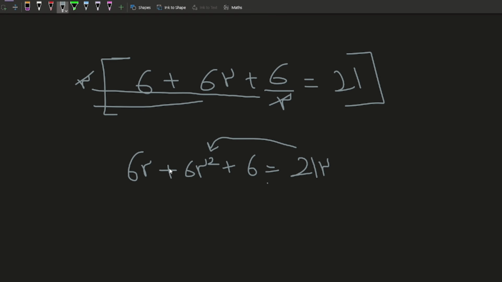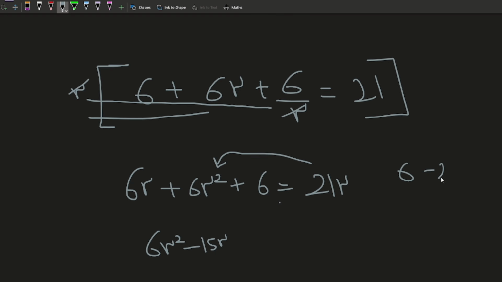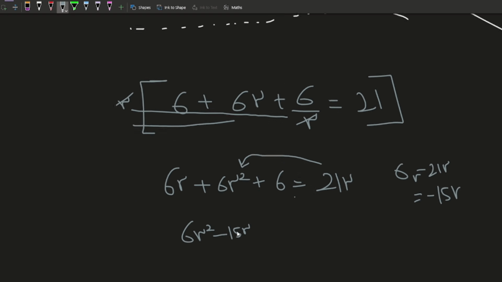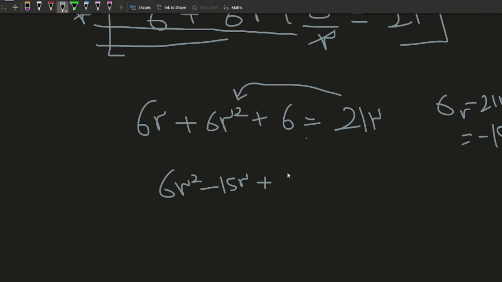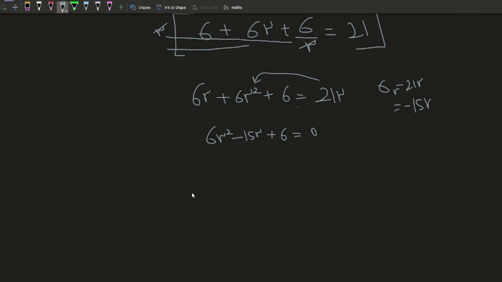This will be 6r square minus 15r, because 6r minus 21r is minus 15r, plus 6 is equal to 0. This is our quadratic equation. We can either use the quadratic formula in our calculators or use middle term breaking here.